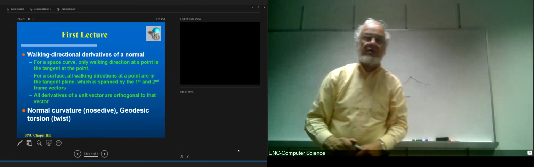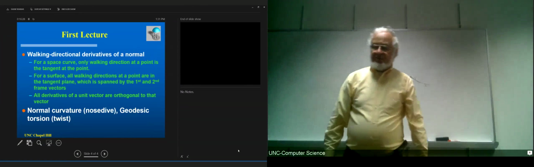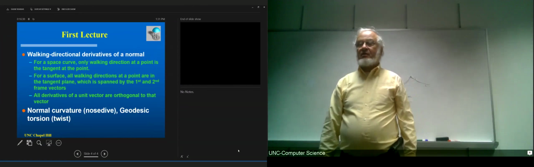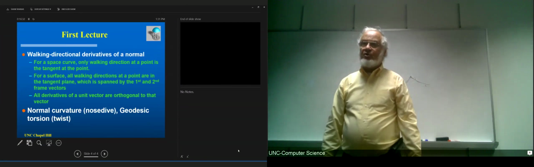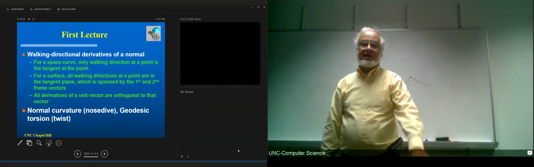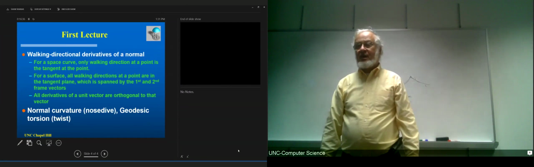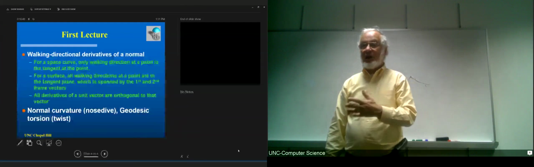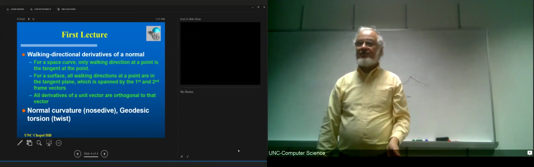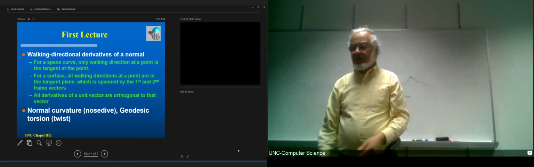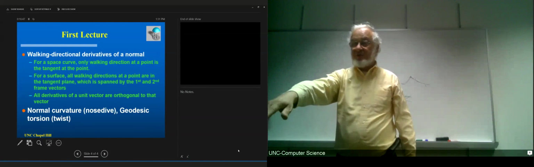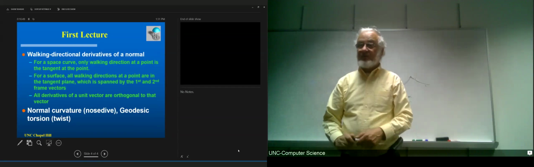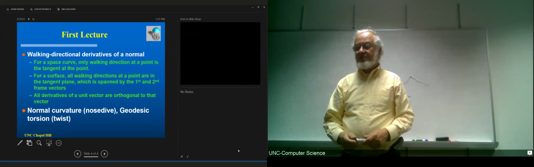So in this first lecture, we're going to be focusing on the normal, one of the elements of the fitted frame. And in fact, a major part of this lecture series is going to be on just the behavior of the normal, okay? But we'll also later talk about the behavior of the other special elements of the frame that are in the tangent plane.